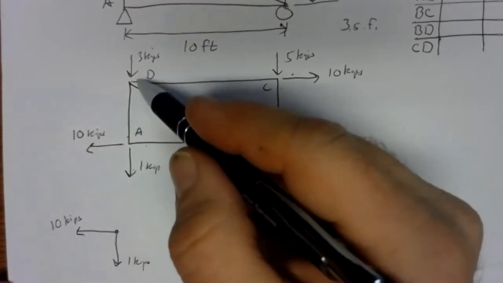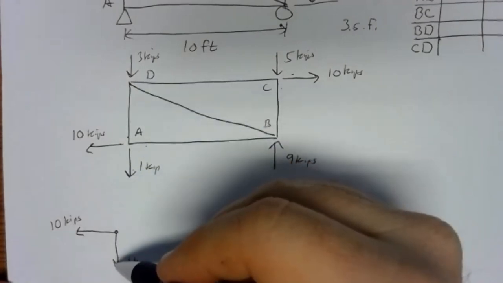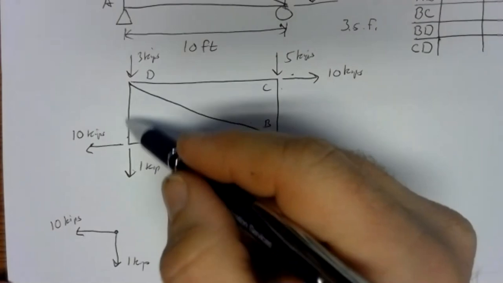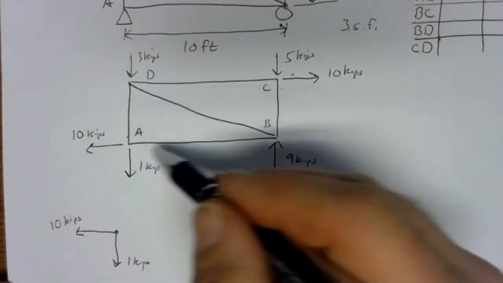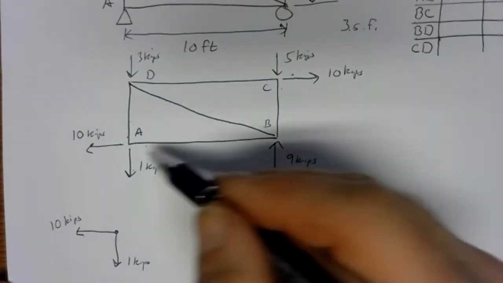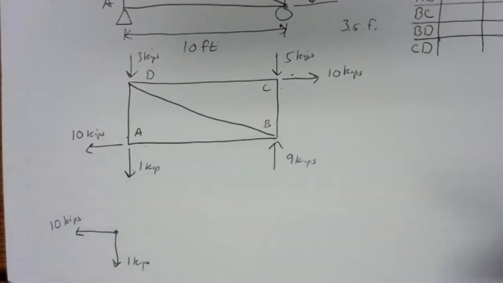Then I've got member AD, which is either going to be pulling up or pushing down, since the forces due to members can only be along the length of that member. And member AB, which is either pulling to the right or pushing to the left. Well, just based on my free body diagram, the easiest way to draw both of those is as pulling.